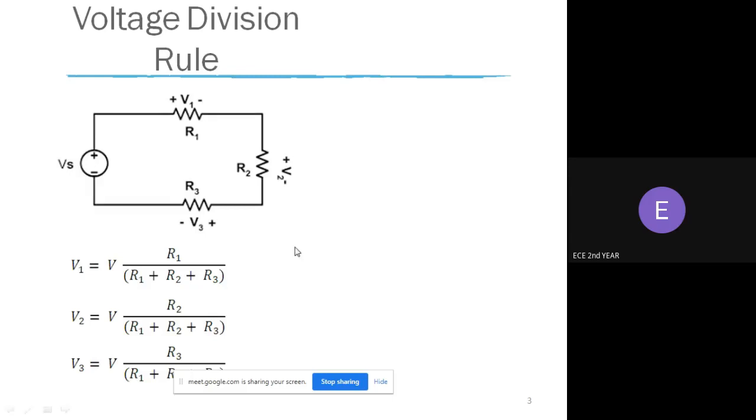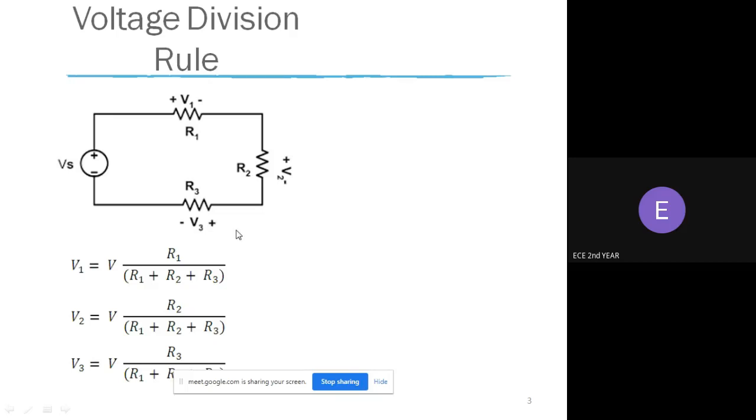Series of R1, R2, R3, three resistances are there, supplied by the voltage source V. A common current will flow throughout the circuit, and a drop across R1, R2 and R3 is developed here. We need to calculate the drops across R1, R2 and R3, called V1, V2, V3.